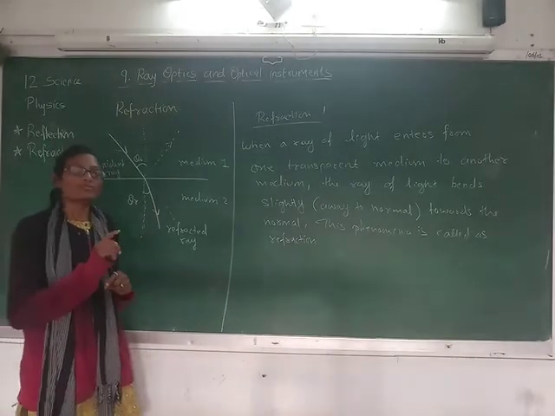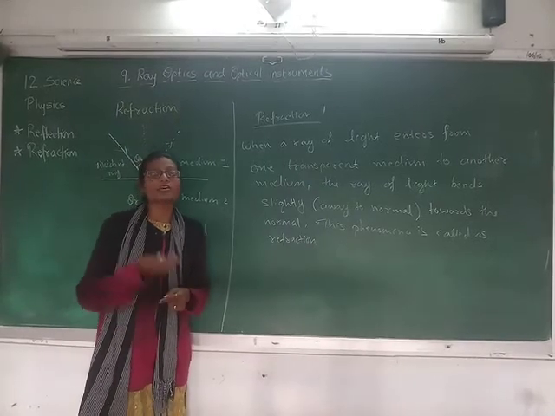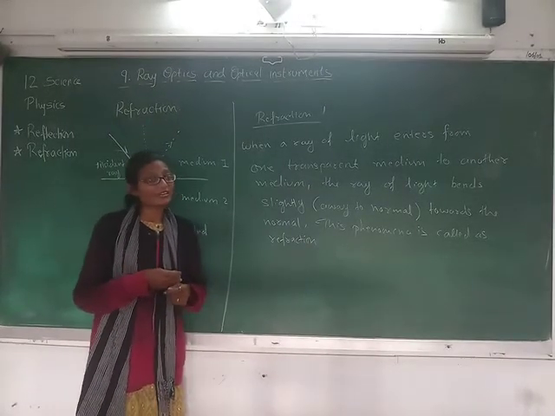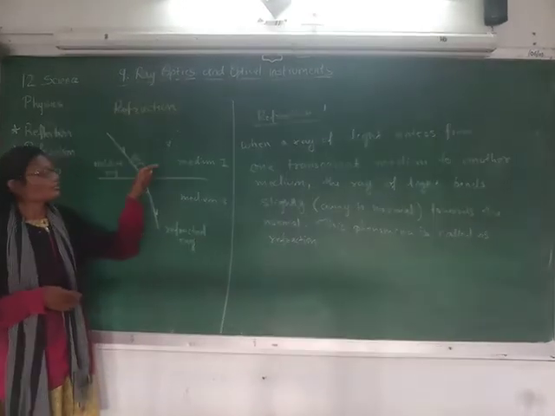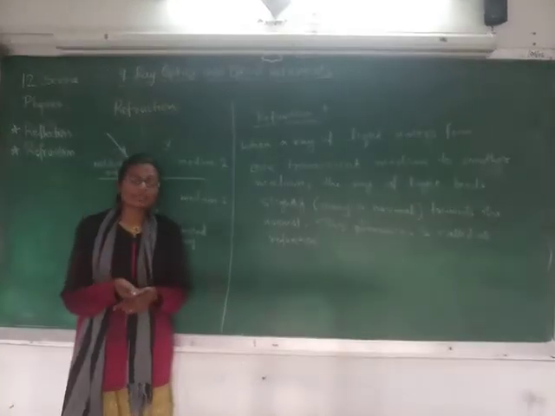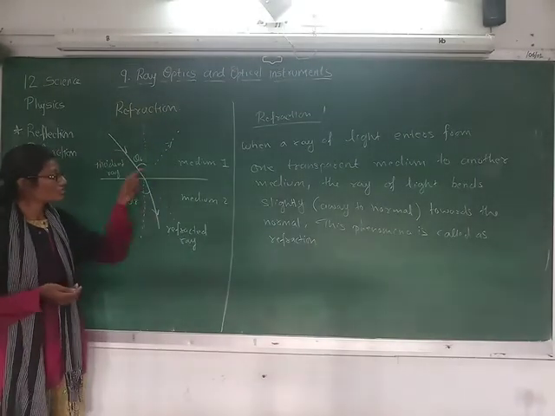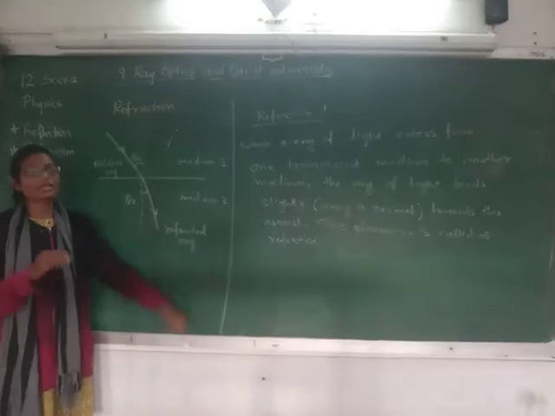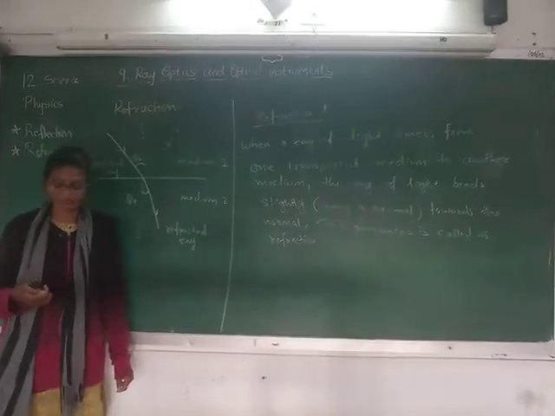Right? Now before going to the law of refraction, before learning that, first of all let us understand why this ray gets bent, and what is optically denser medium and optically rarer medium. So first of all you note down this definition, then we will see what is rarer medium and what is denser medium.